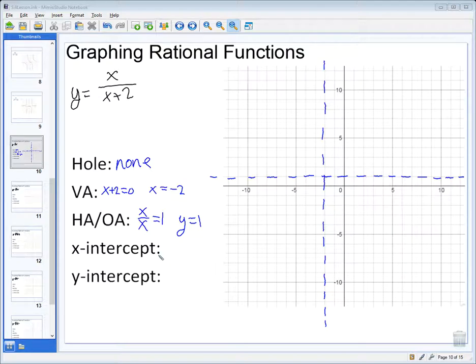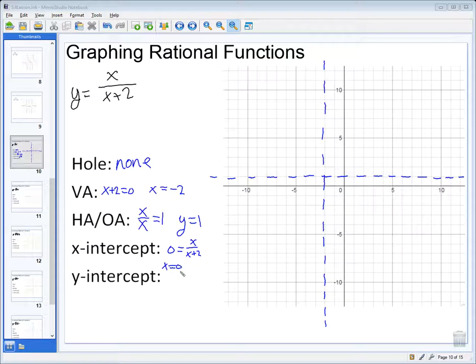For the x-intercept, that's where y is equal to 0. So if we plug 0 in for y, now we've got this fraction. So we would multiply both sides by x plus 2, and we'd get that x equals 0.